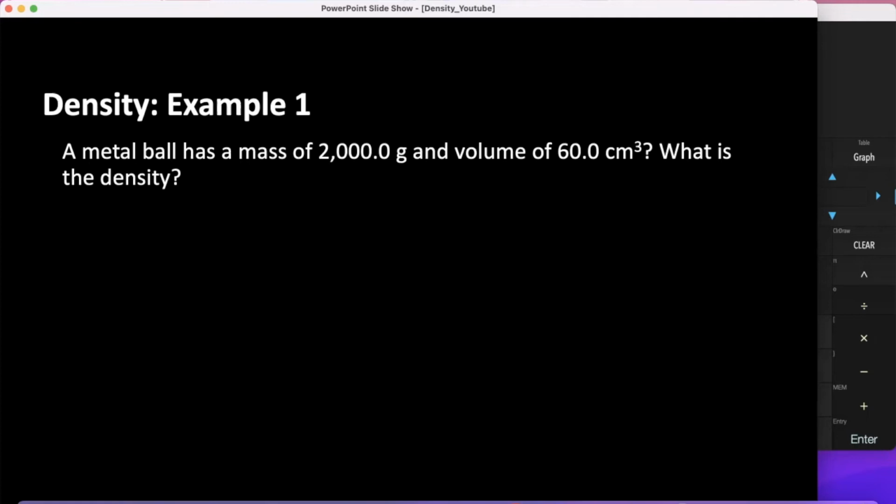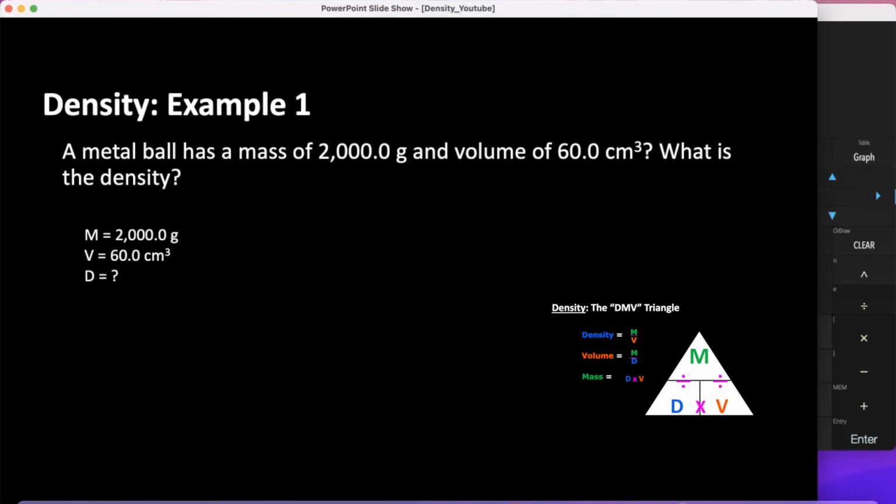Okay, example 1 for density calculations. A metal ball has a mass of 2,000 grams and a volume of 60 centimeters cubed. What is the density? So I remember density is equal to mass over volume.